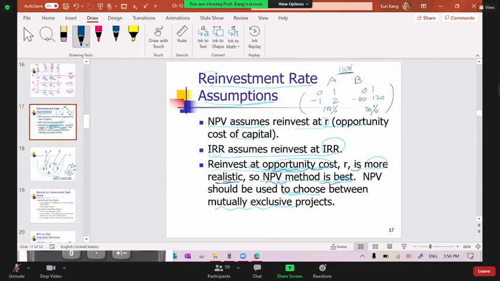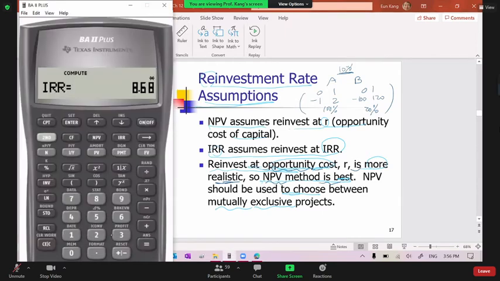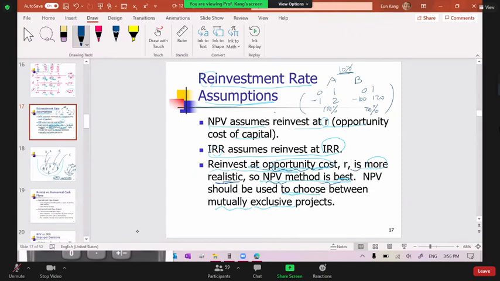But this one, 120 divided by 1.1 equals what? 1.0909 minus 100, and what? $9, huge profit. So, that's another problem.